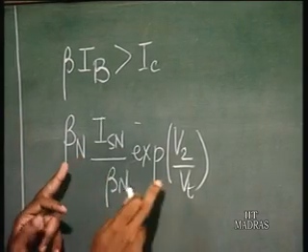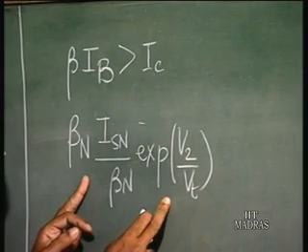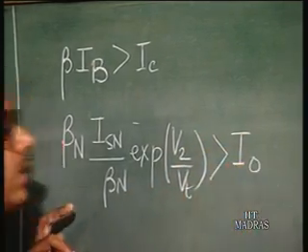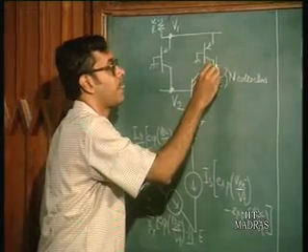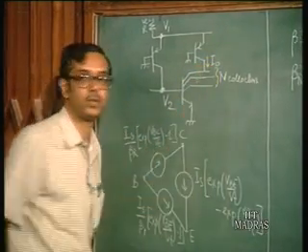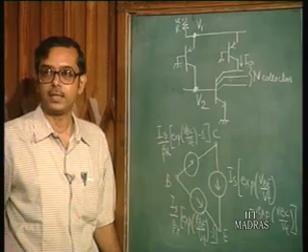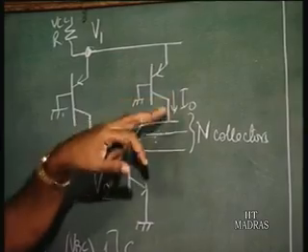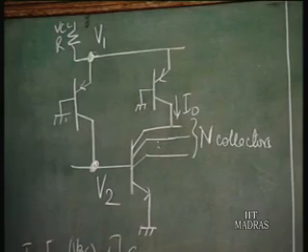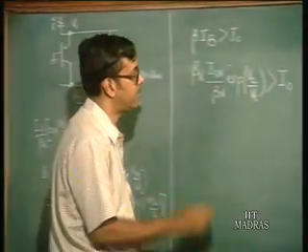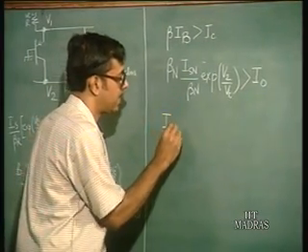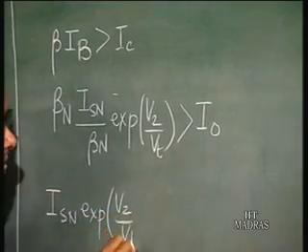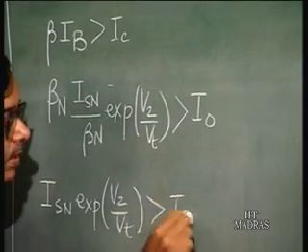So this is for one transistor, and this must be greater than I naught, where I naught is the current flowing in here. So the condition for saturation is ISN exponential V2 by VT must be greater than I naught.